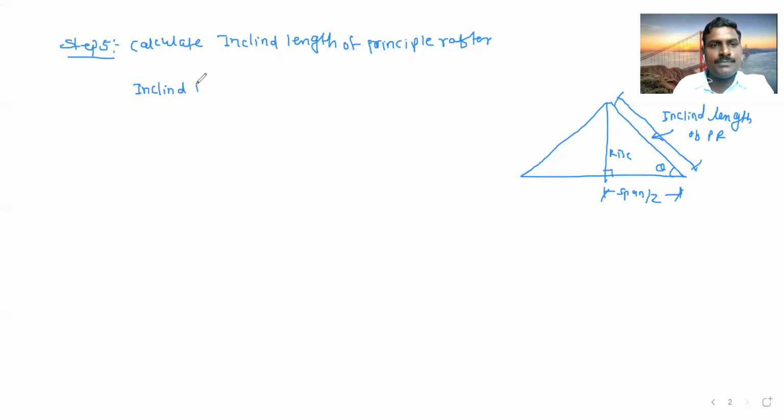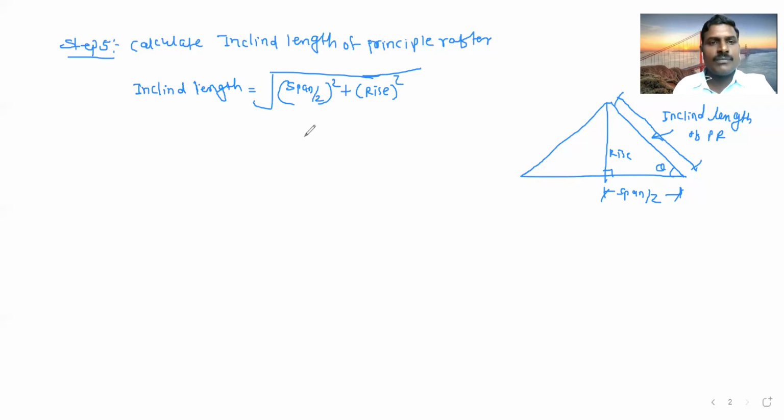This is a right angle, so inclined length is equal to under root of rise square plus span by 2 square. Yes, we can use that also. In this way also we can calculate.